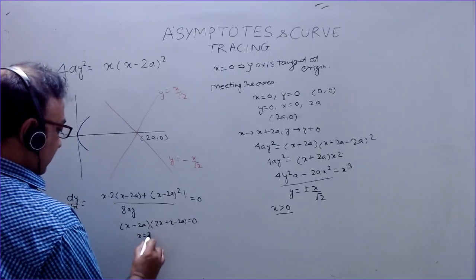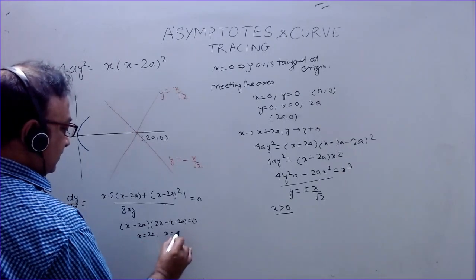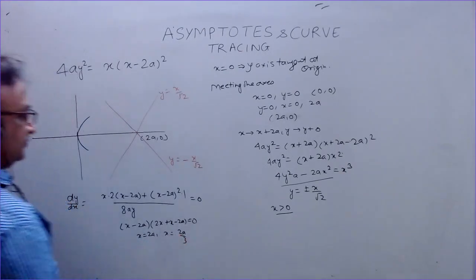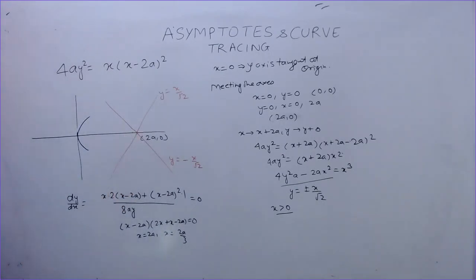So x is 2a and x is 2a by 3. x equal to 2a is this point, and we take another point, x equal to 2a by 3.